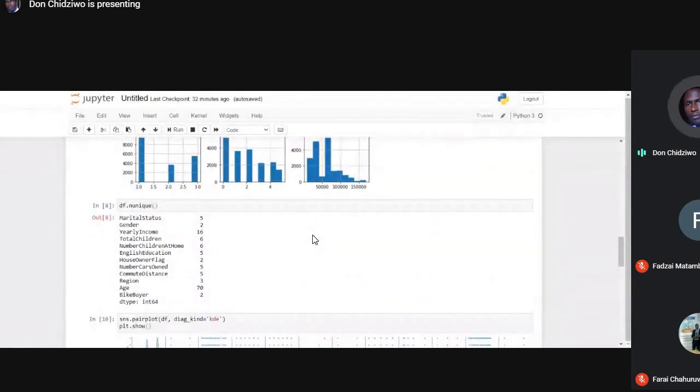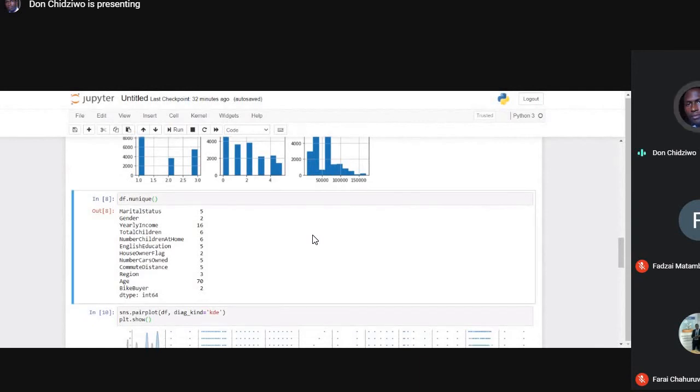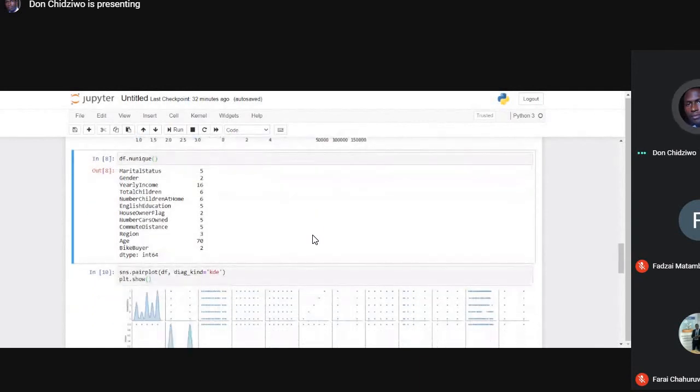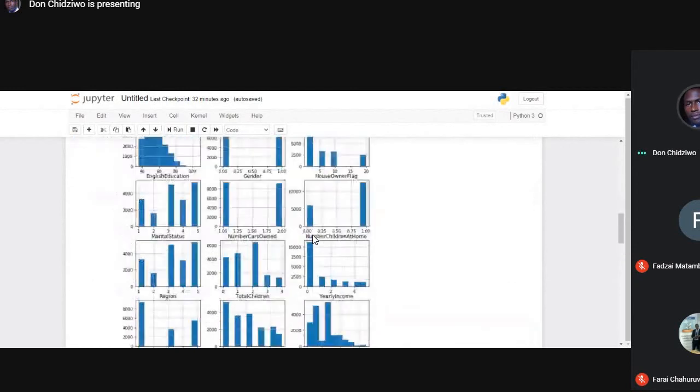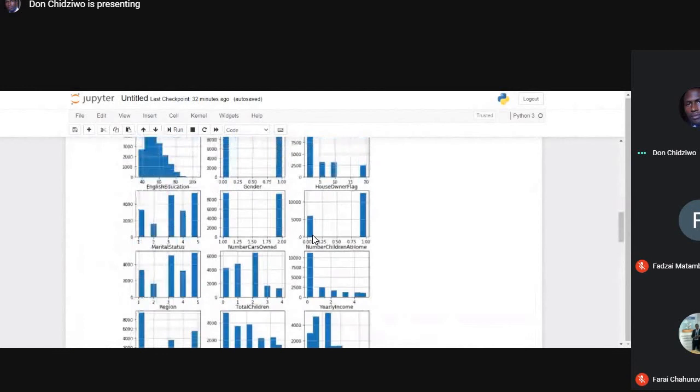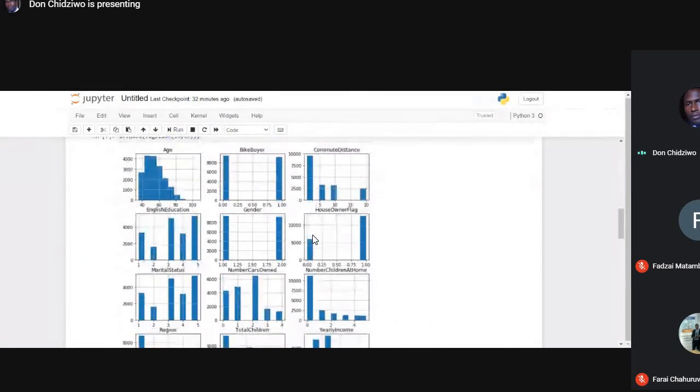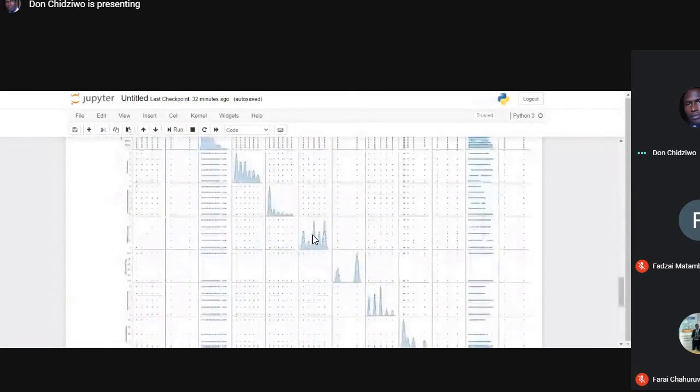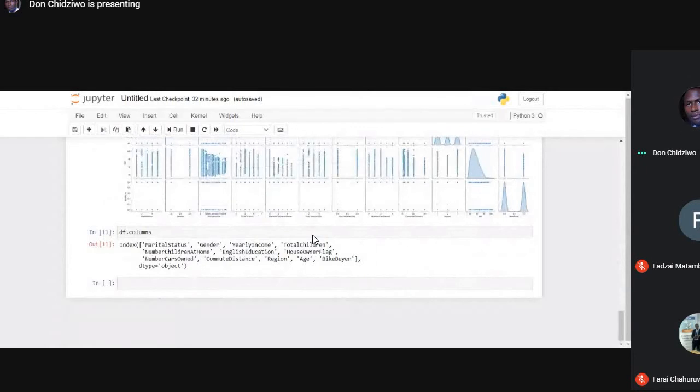We have only two columns that we can say are numeric: age and yearly income. The others seem to be categorical. For instance, commute distance.